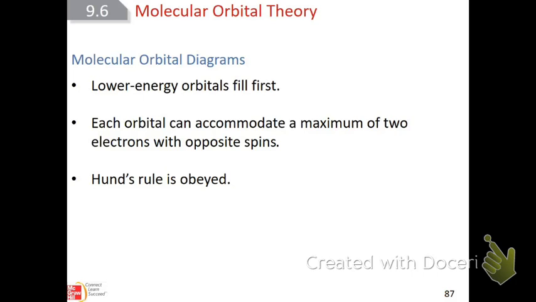And you're going to obey Hund's rule, which says that orbitals of equal energy are each going to hold 1 electron until all of them get 1. In other words, if you have p orbitals, there are 3 p orbitals in each energy level. Each one will get 1 by itself first, and then it will start doubling up if it has to. Okay.